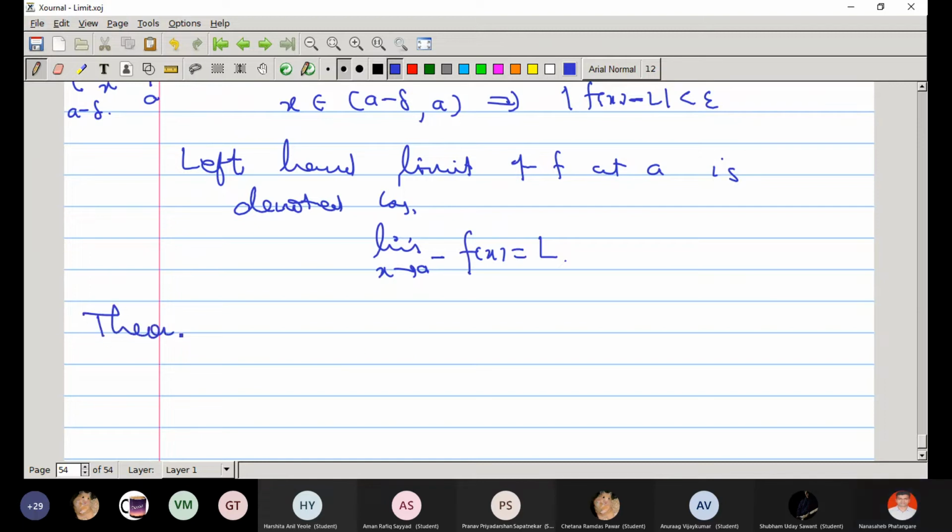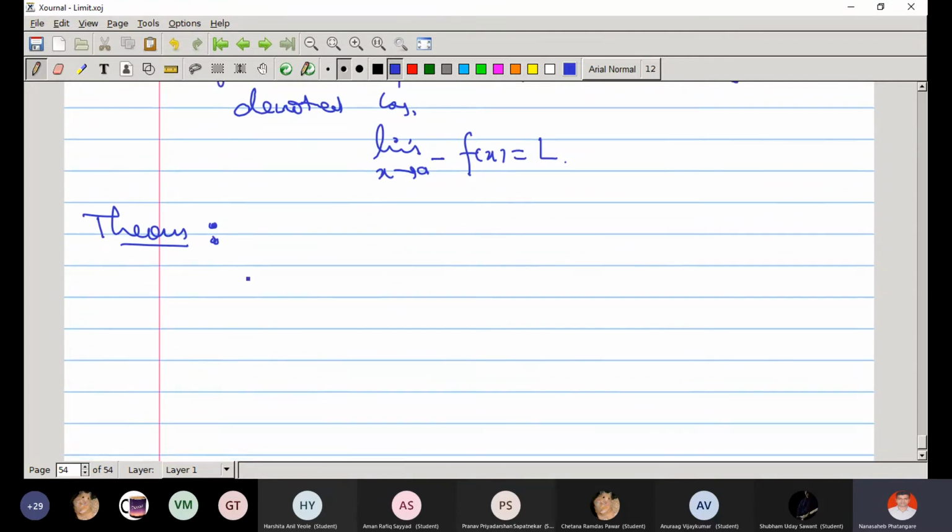Now, an important theorem which you were using in 12th standard directly. What is the theorem?